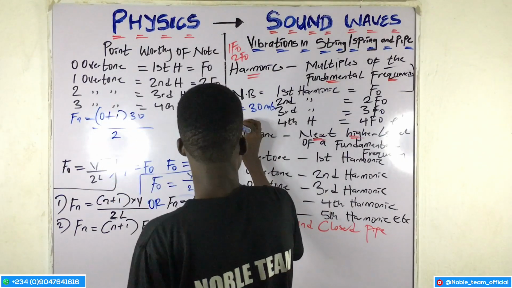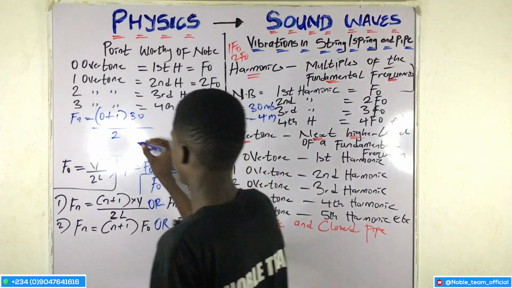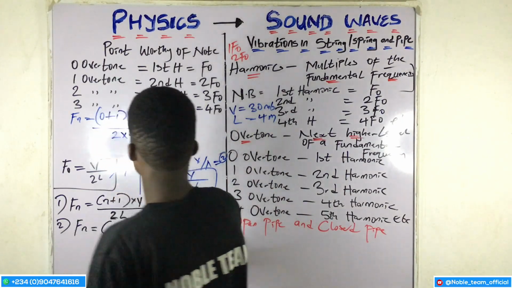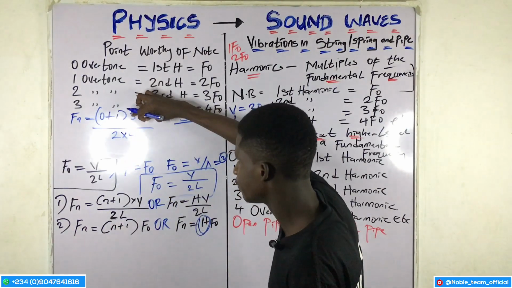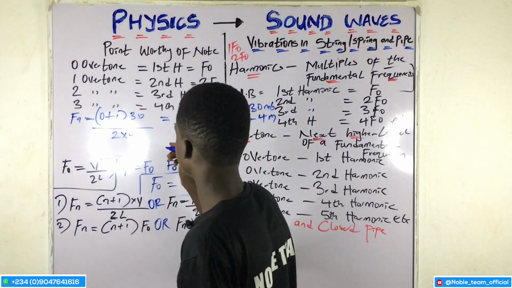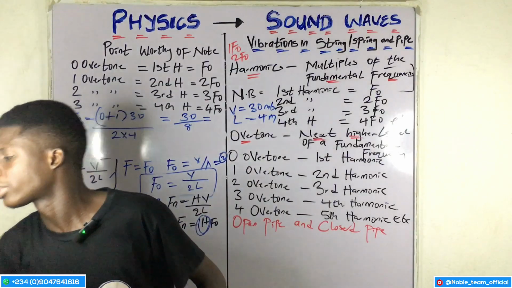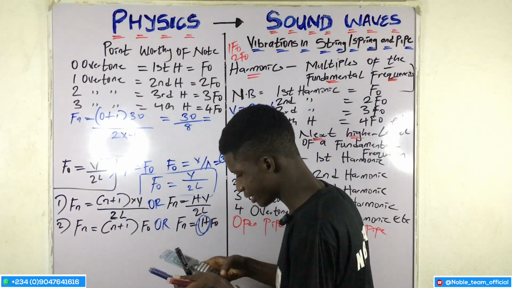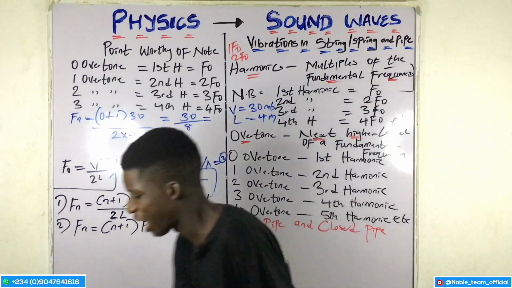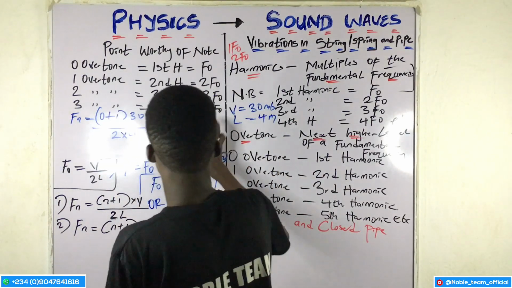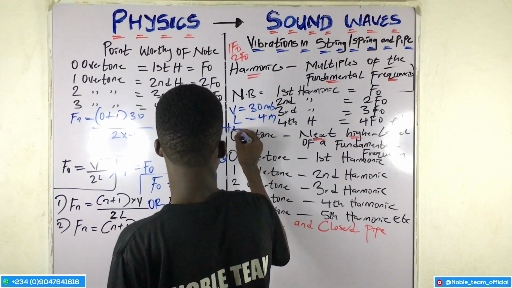Let me say my length is 4 meters, so times 4. So it's like saying 30 divided by 8. Let me get a calculator. 30 divided by 8 will give me 3.75, which is 3.75 hertz, because we just calculated for frequency.